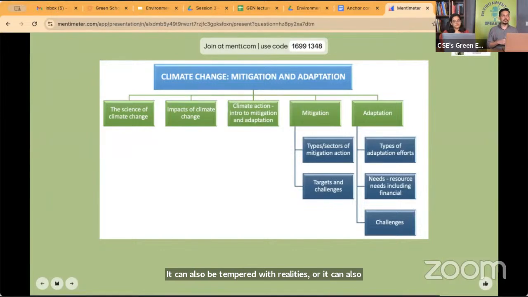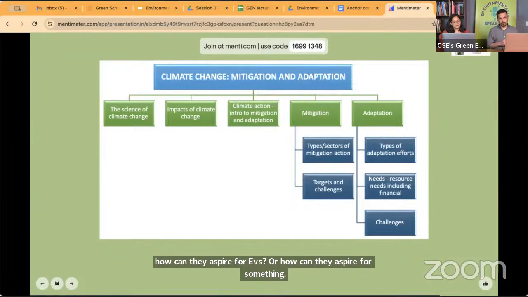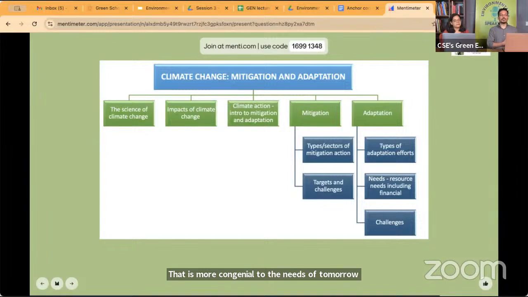So for instance, how can they aspire for EVs, or for something that is more congenial to the needs of tomorrow, how the government is coming up with regulations, how fossil fuel is going to be costlier tomorrow. So buying an EV would be helpful for them.